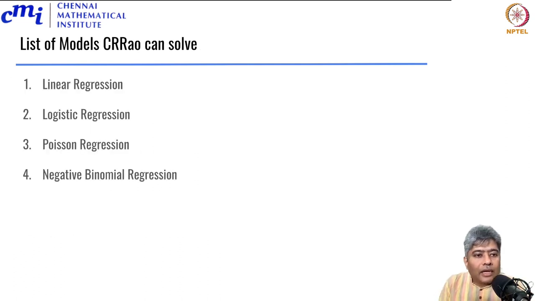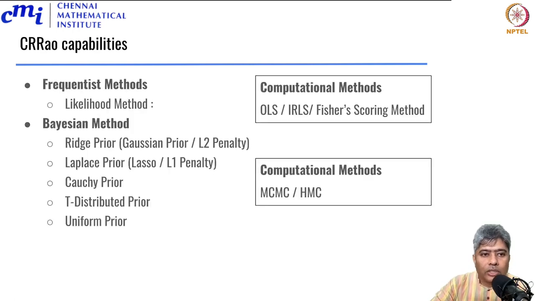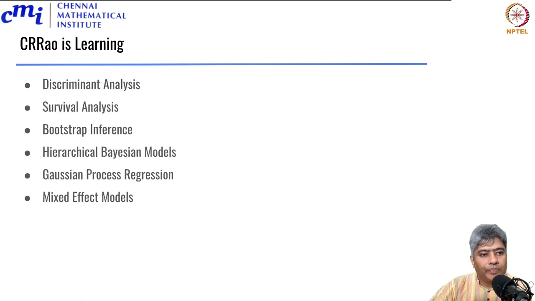So currently CRRao implements linear regression, logistic regression, Poisson regression, negative binomial regression. It can implement frequentist methods, Bayesian methods, both OLS and Fisher scoring methods, MCMC, and Hamiltonian Monte Carlo methods.